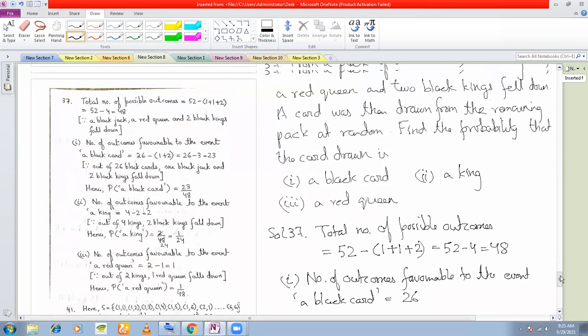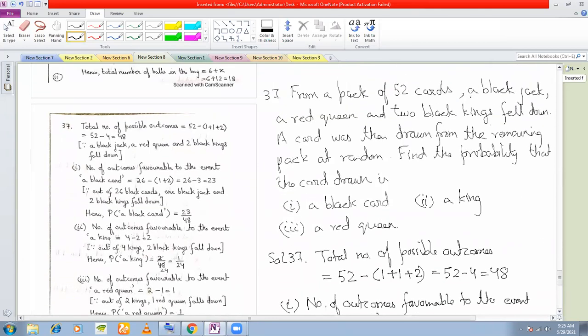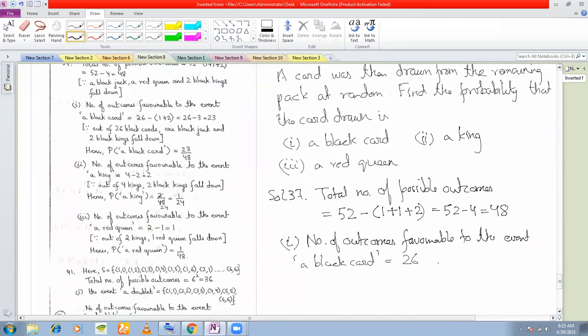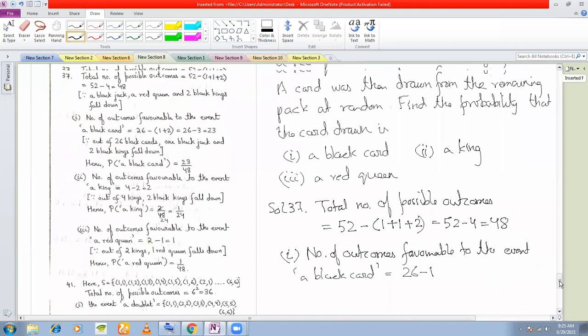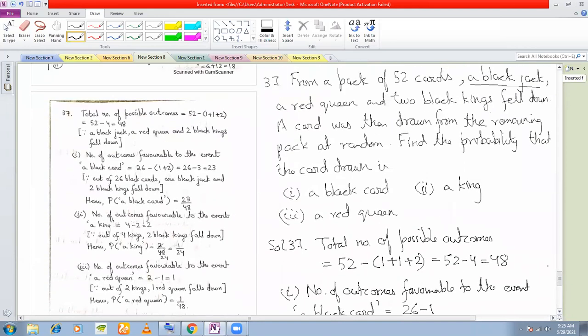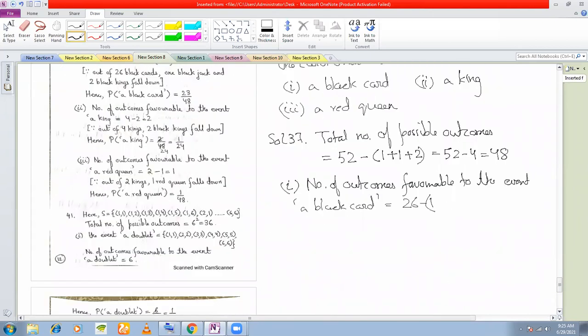Now what is lost here? A black jack is lost, so 1 black card is lost, so we subtract 1 from here. What else is lost? A red queen and 2 black kings are lost, so we have to subtract 2 also from here, right? So out of 26 black cards, how many are we left with? 26 minus 3, which is 23. So therefore, what is the probability of a black card?